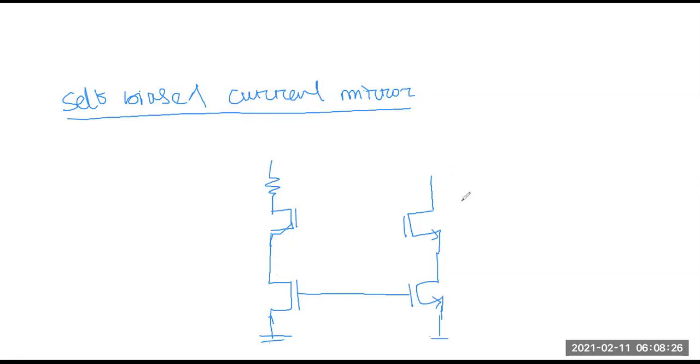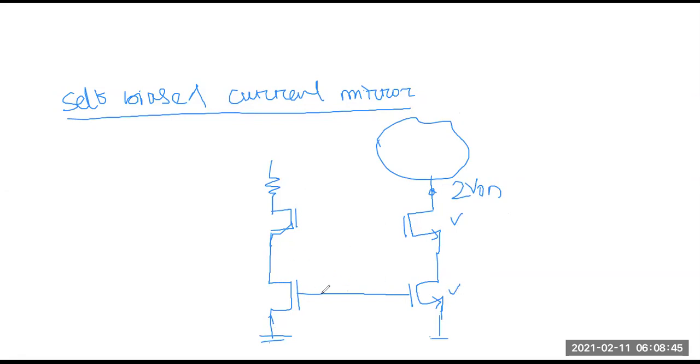Again, we have to maintain the same V output, that is 2V on here. So V on means this is on, this is on, so this will be perfectly in saturation.